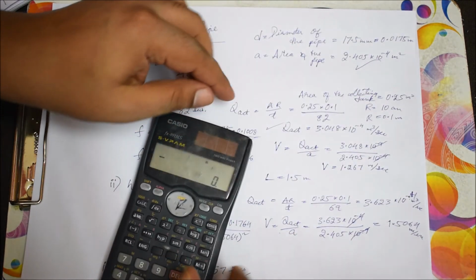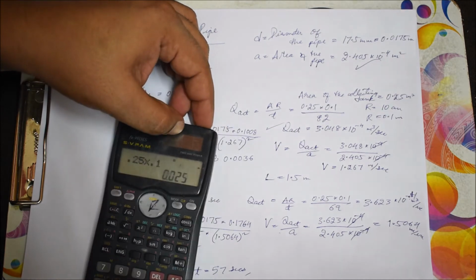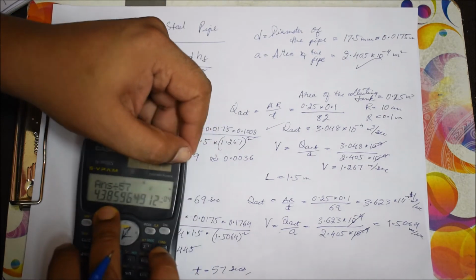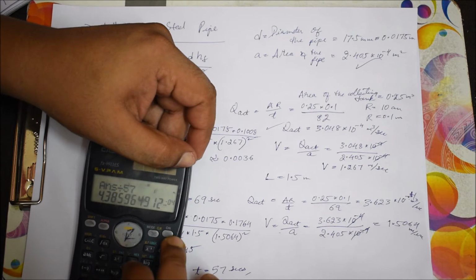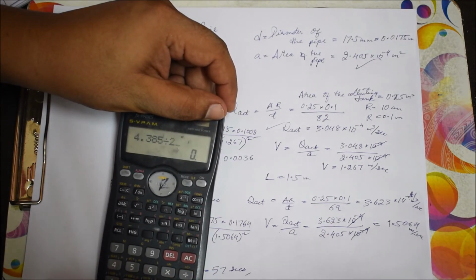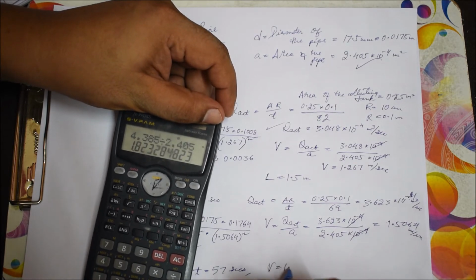So Q actual is nothing but 0.25 into 0.1 whole thing divided by 57 seconds. So this is 4.385, which is the Q actual value. So if I divide 4.385 by 2.405, I'll get the velocity value as 1.823 meter per second.